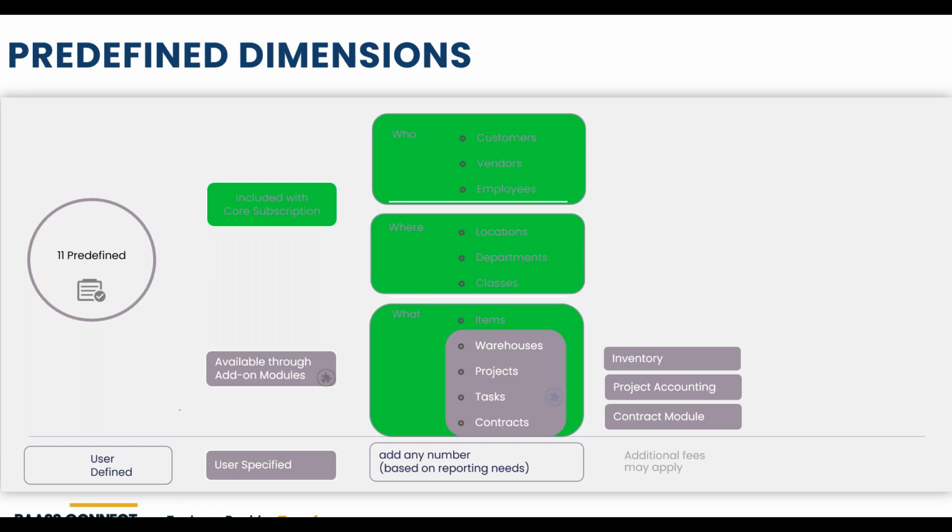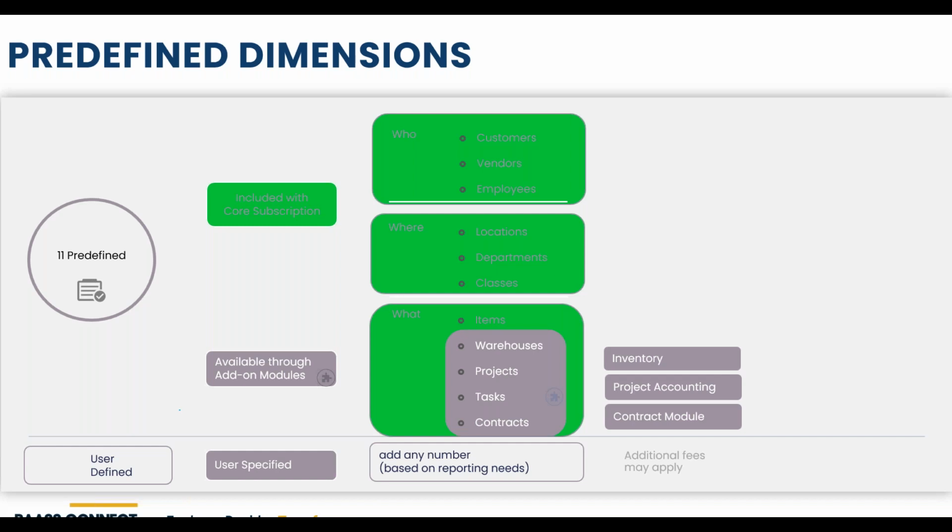And where, I think this is important, we have 3 dimensions called location, department, and classes. Sage Intacct is multi-entity capable, so locations will essentially be your physical location or your entity. And also departments: finance, accounting, marketing, sales, and so on.